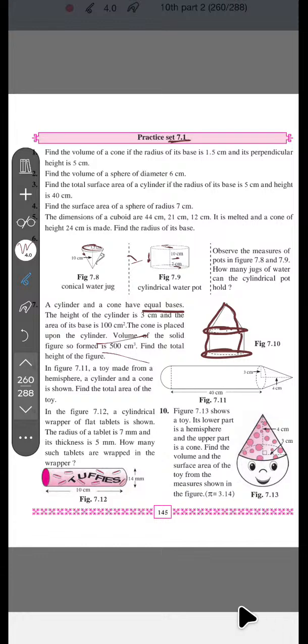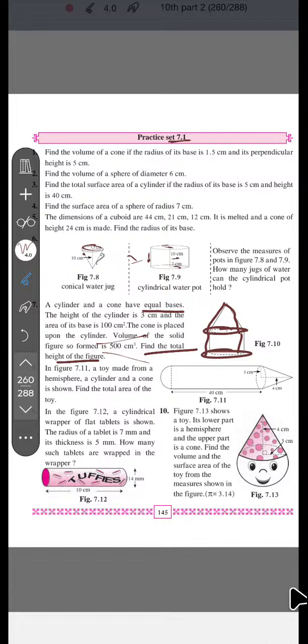So the cylinder and cone have an equal base, the height of the cylinder is 3 centimeter, area of base is 100 centimeter square, and the cone is placed upon the cylinder. The volume of the solid figure so formed is 500 centimeter cube. Find the total height of the figure. Okay, find what? The total height of the figure. That is the question they have asked us here.